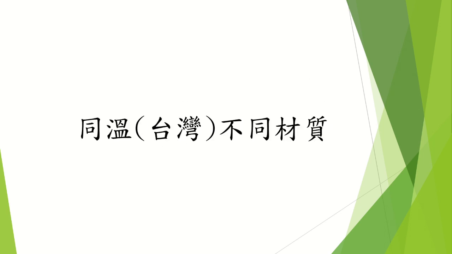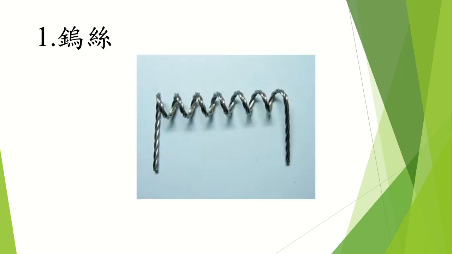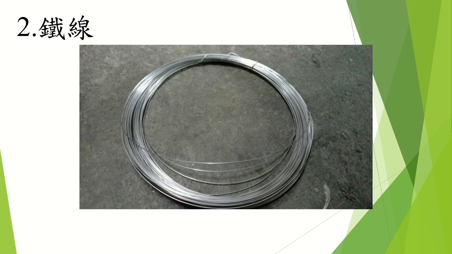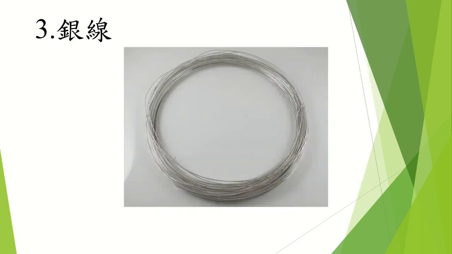This time, we'll change only the value of alpha with the same t, which I choose Taiwan. For alpha, we select tungsten, iron, and silver, which respectively are 4.5 ppm per degree Celsius, 11.8 ppm per degree Celsius, and 18.9 ppm per degree Celsius.